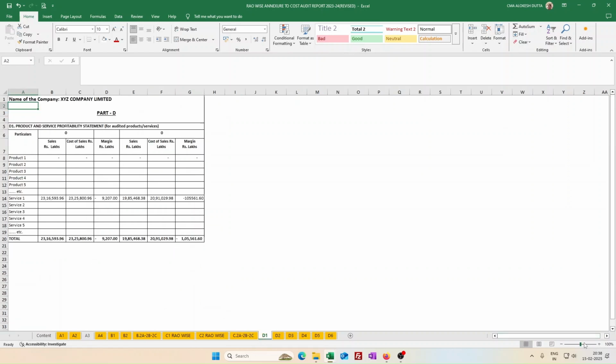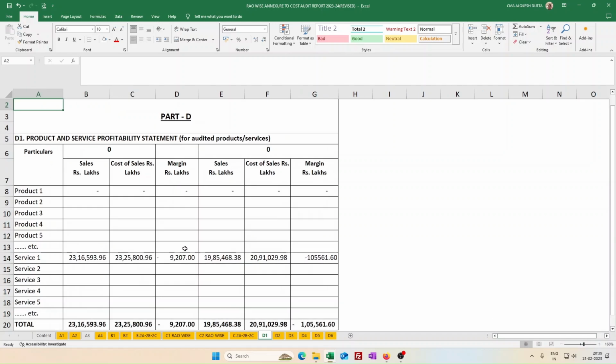what does it do? D1 is the product and service profitability, para D part 1, product and service profitability statement. Where does the sales come from? It should come from C2, RAO-wise.